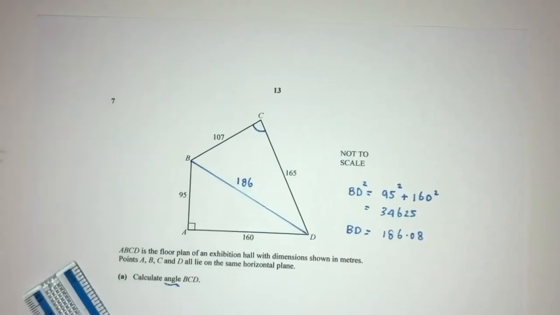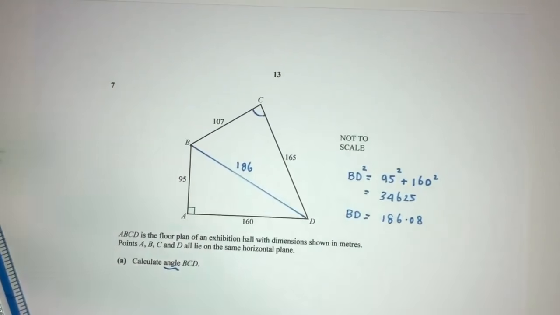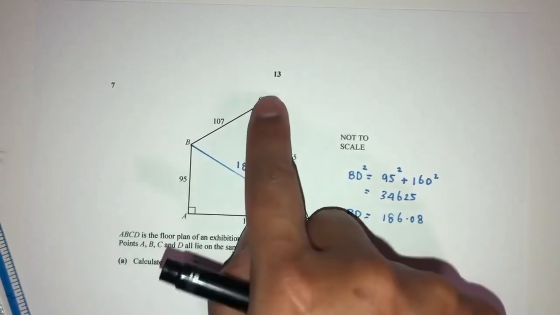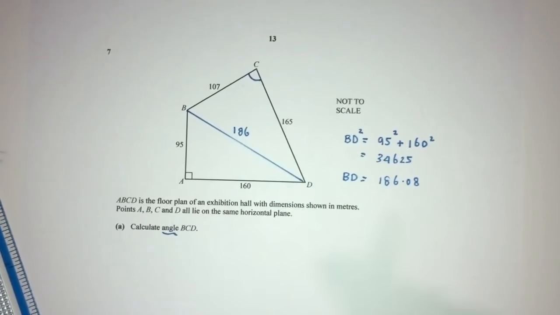Now, using that value, I can find the angle C. Again, we know all three sides of triangle BDC. To find the angle C, we can just use the cosine rule.